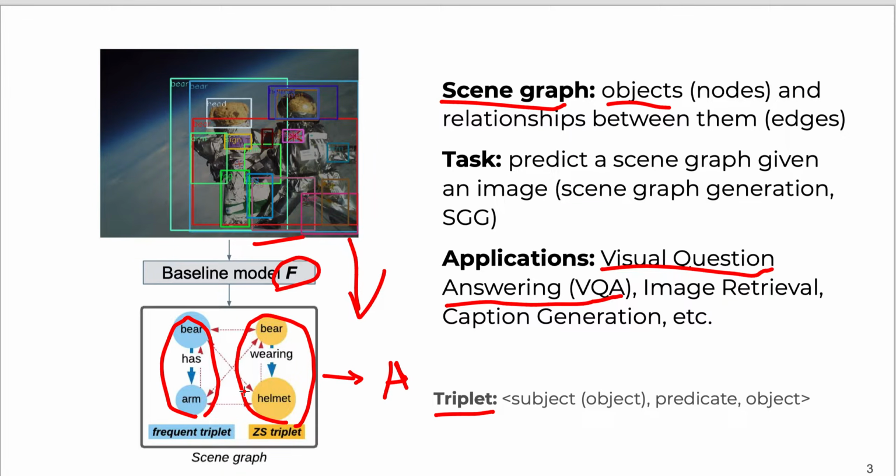It's typically a very frequent relationship because usually bears have arms, but usually bears don't wear helmets. So that makes it much harder to recognize bear wearing helmet, like all of the three concepts correctly. So usually the model will struggle to classify either the bear or the helmet or another object, because this combination was never observed during training.